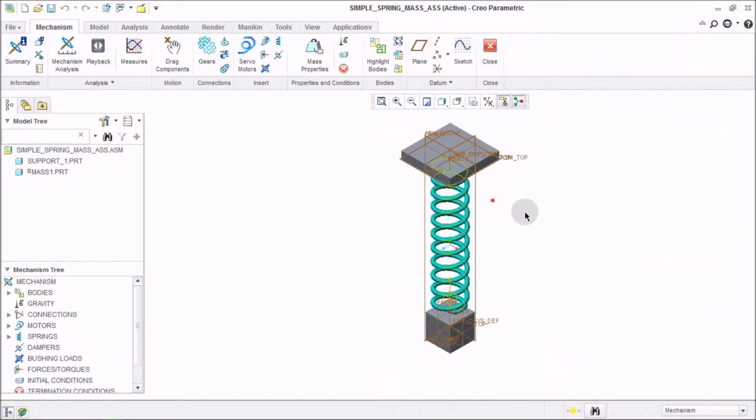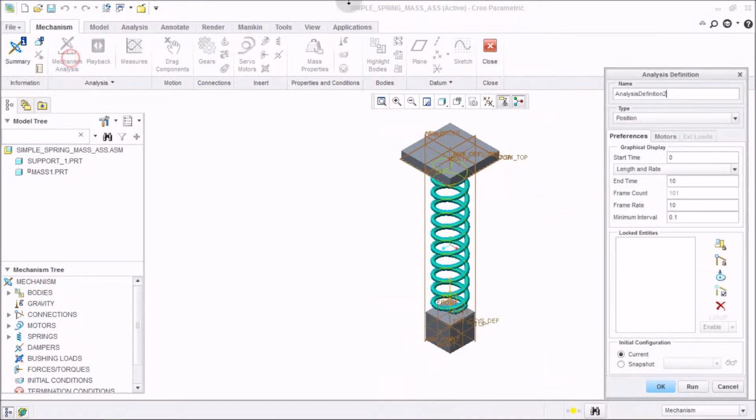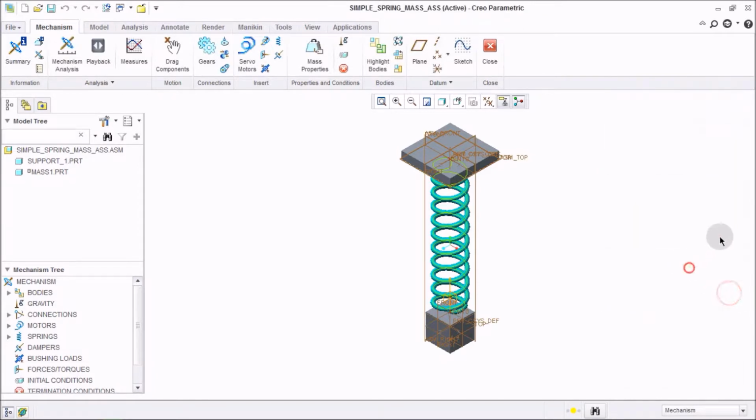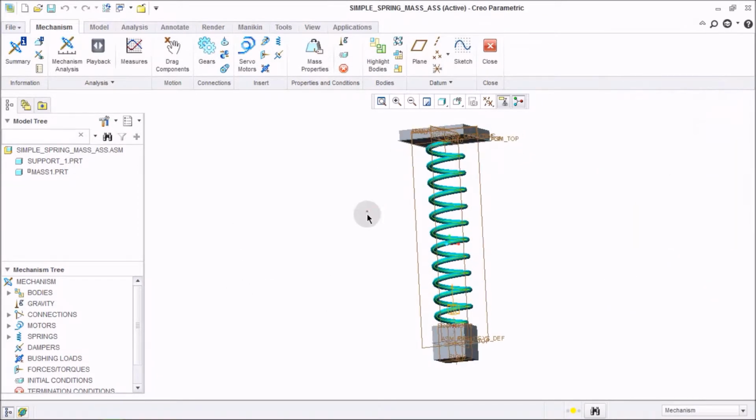For that we again go to mechanism analysis, then make it a dynamic analysis, then enable gravity. First of all we have to regenerate our system, because right now the system is in an equilibrium condition, where no vibration will occur.